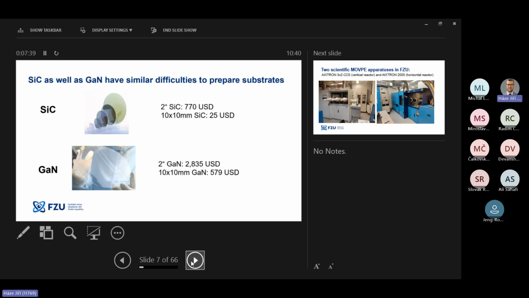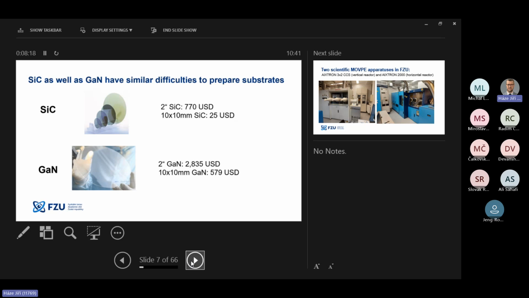Let's look at the availability of substrates. Both materials are difficult to prepare as a bulk. But silicon carbide is in a better position, and you can see it in the price. I'm not sure about these numbers, because this is usually not open on the internet. When we asked for a quotation, we got these numbers.